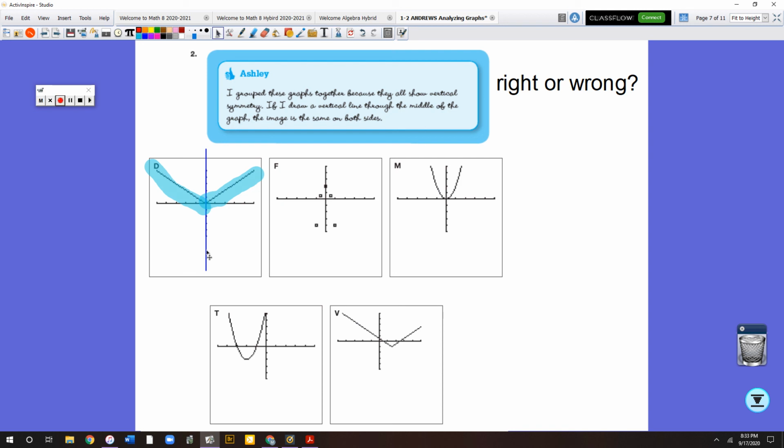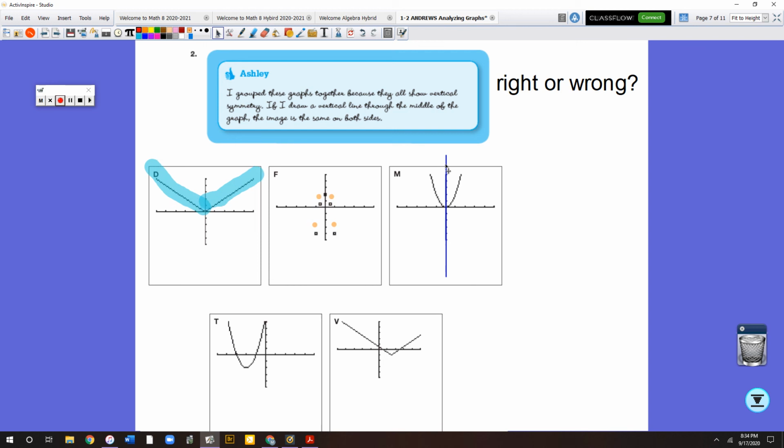My highlighting doesn't look symmetrical, but the graph does. If I move over to here, my dots are perfectly across from each other, across that vertical line. This graph is symmetrical on both sides.